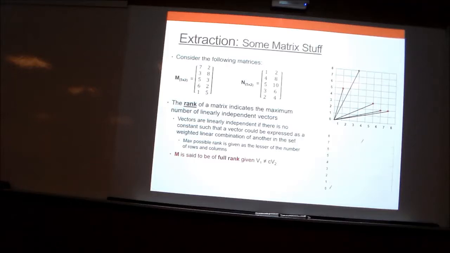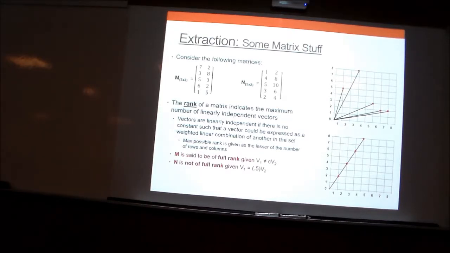So we're good here. But if we take a look at matrix N, we've got something going wrong. It turns out that if we multiply every element in vector 1 by a constant of 2, we get vector 2, right? And so this matrix is not of full rank.